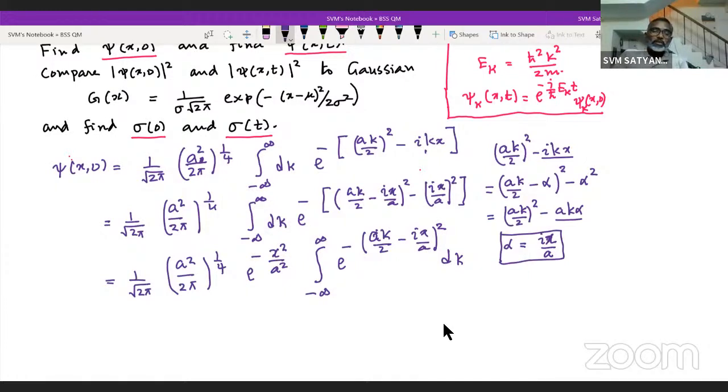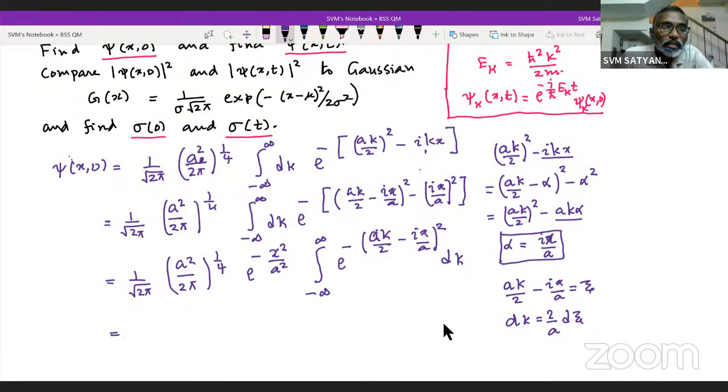So this is something which we can integrate. What you can do is call this ak/2 − ix/a some psi. Then dk will be equal to 2 by a times d psi. Limits don't change.